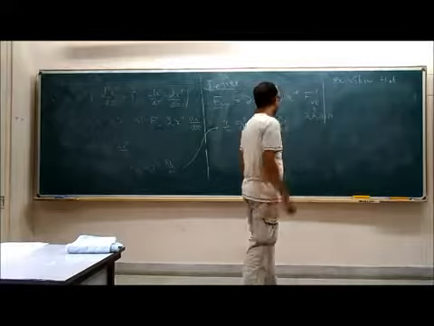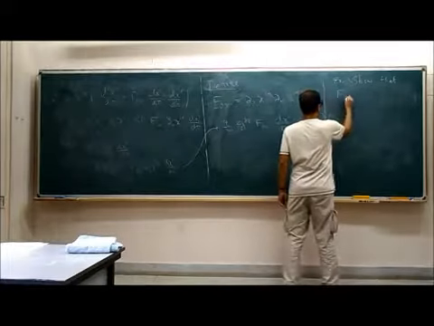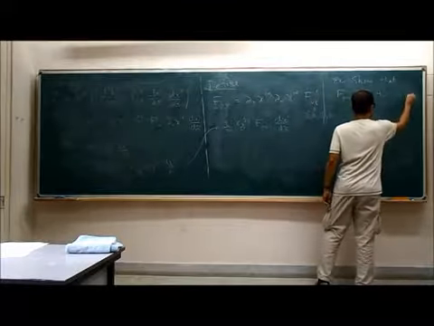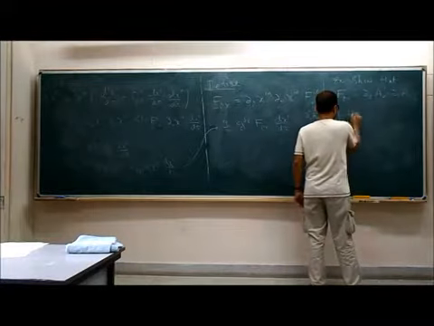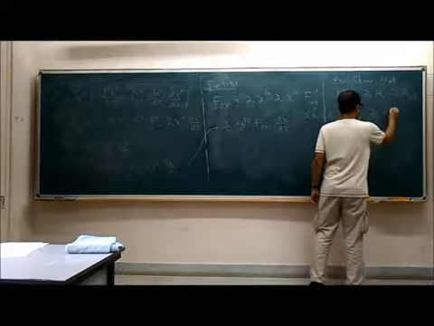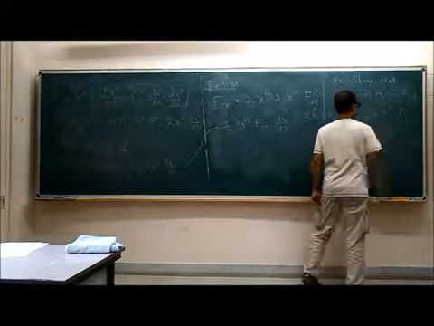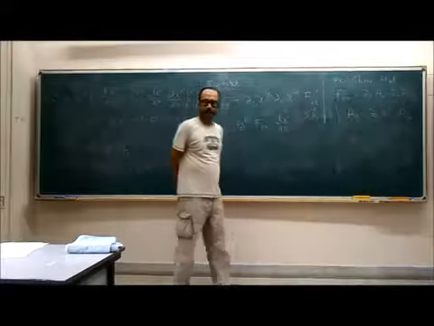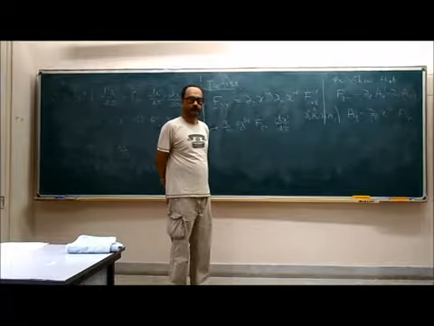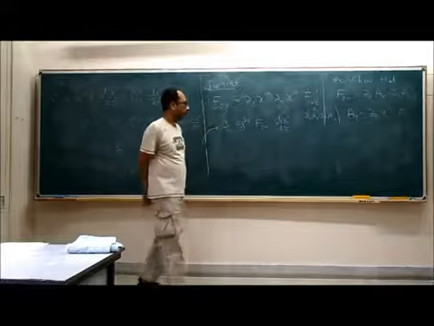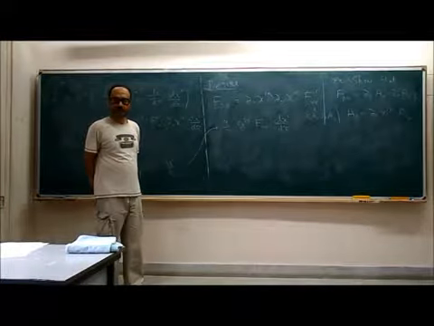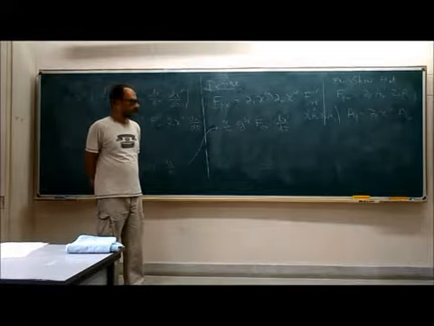So using this, you show that F_βγ can be written as ∂_β A_γ minus ∂_γ A_β, where A_β is ∂_β x'^ν A'_ν. Is this okay?